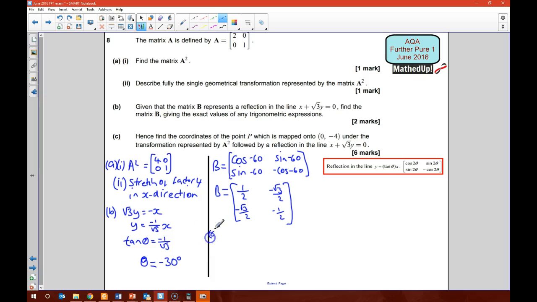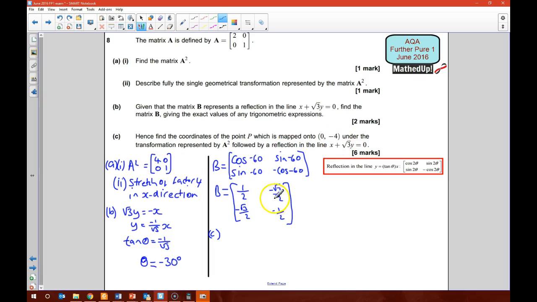Okay, part C says, hence find the coordinates of the point P, which is mapped onto 0, negative 4, under the transformation represented by A squared, followed by a reflection in the line x plus root 3y equals 0. So we're going to carry out this transformation first, followed by this transformation here to a point, and that point is going to map onto 0, negative 4.